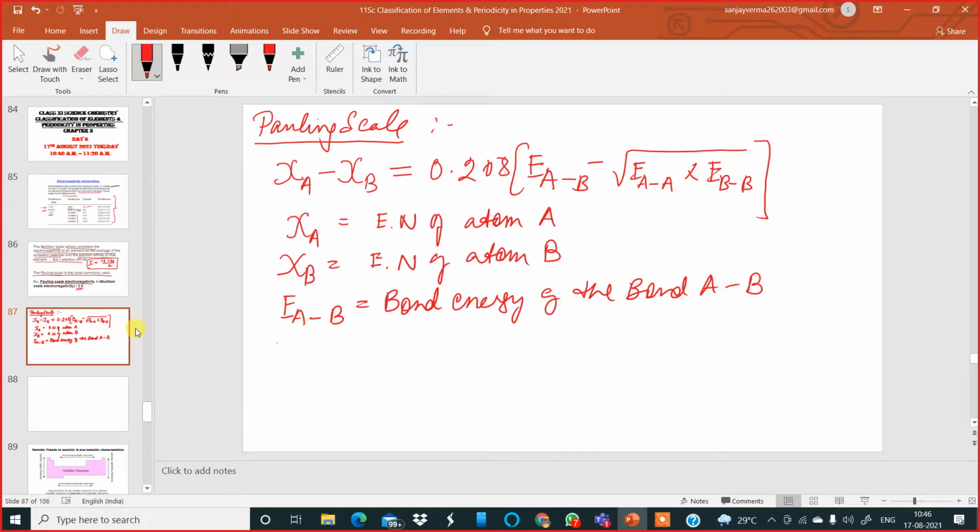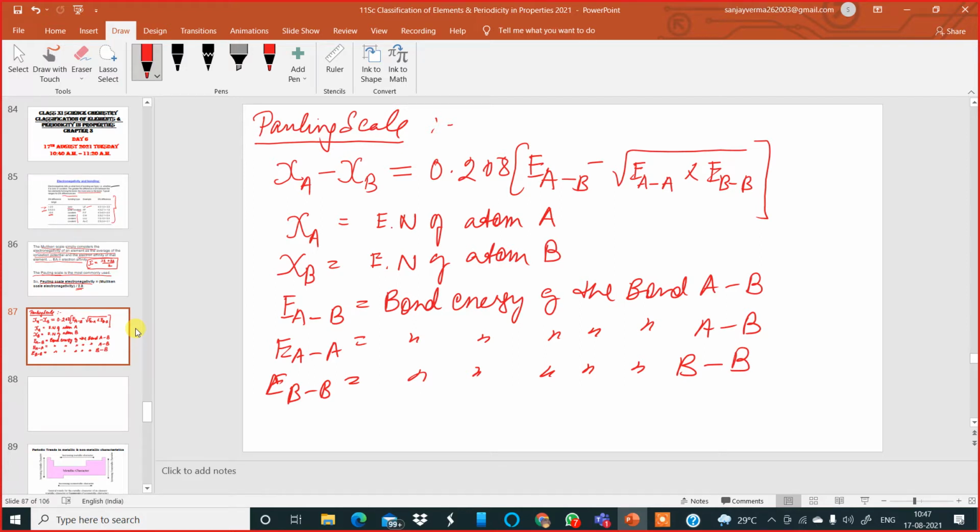Then EAA will be the bond energy of the bond AA, and EBB means the bond energy of the bond BB. So these are the various abbreviations used in the formula.